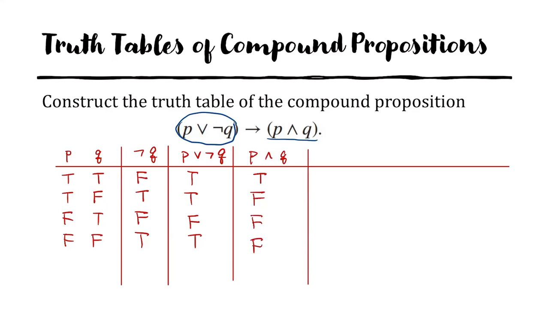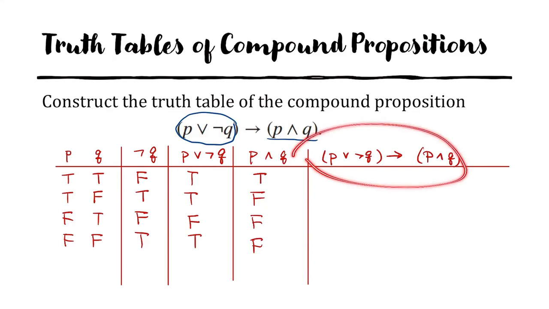And then finally, you can have this compound proposition: P or not Q implies P and Q. For the implication, again, it's only false if your hypothesis is true and your conclusion is false.